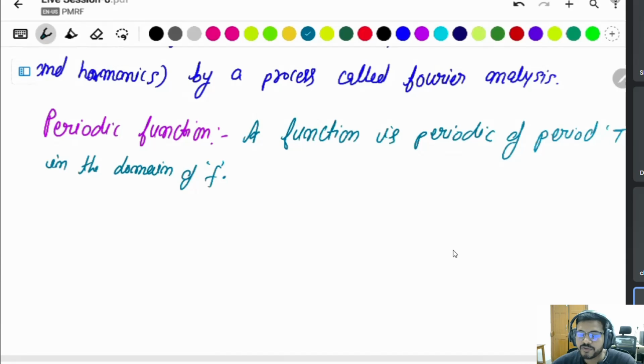The smallest positive value of the time period is called the fundamental time period.